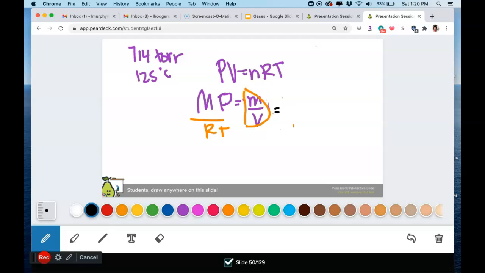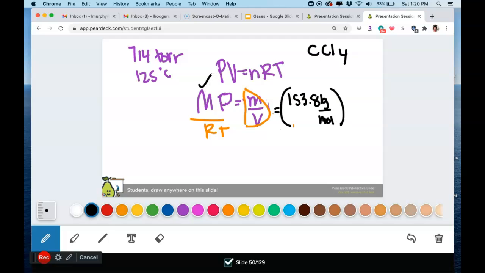So what's the molar mass? Well, they said it was carbon tetrachloride. So CCl4. What's that guy's molar mass? 153.81 grams per mole. There's the molar mass.